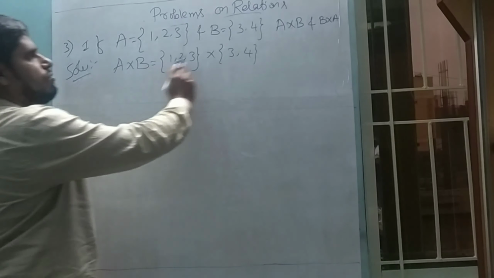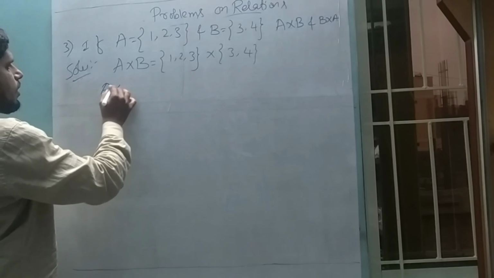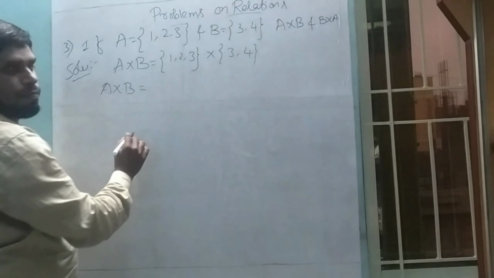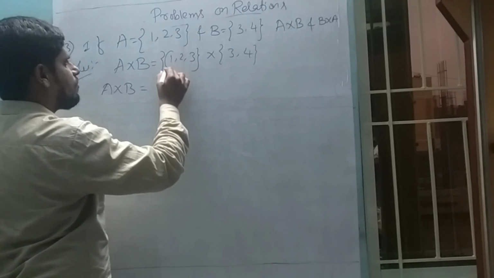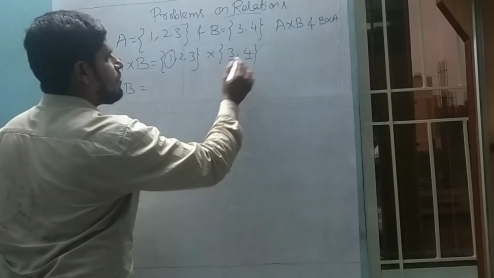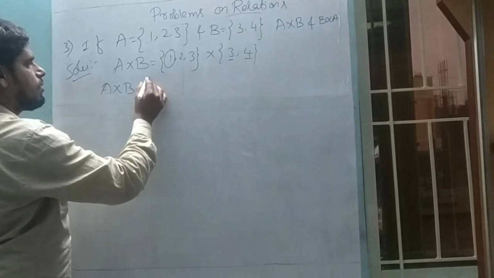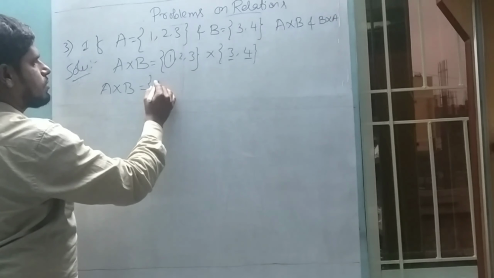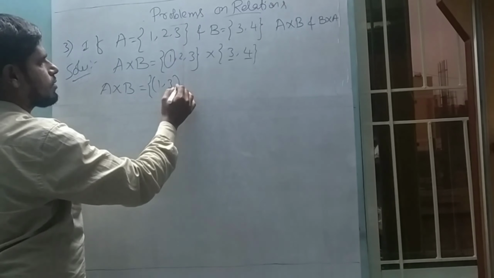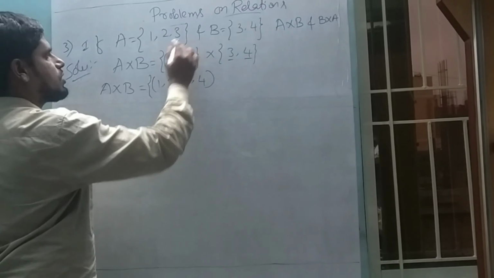So let us see here also what are the 6 elements. So first A cross B is equals to, the procedure is first set, first element to all the elements of second set. In an ordered pair we will write 1, 3, 1, 4.